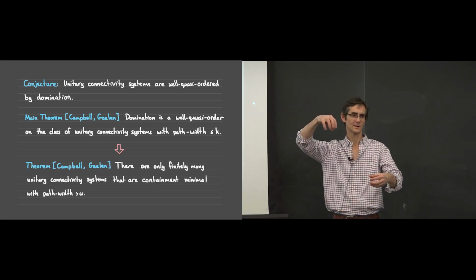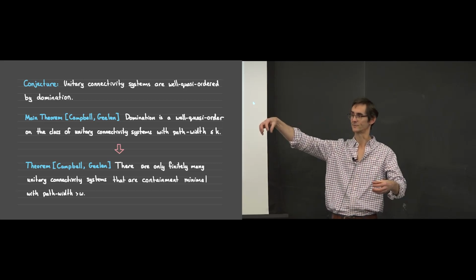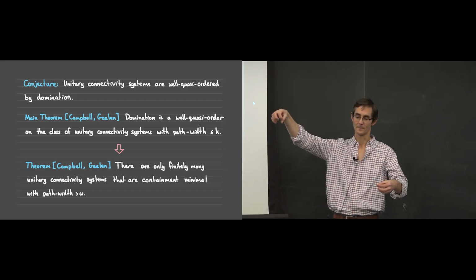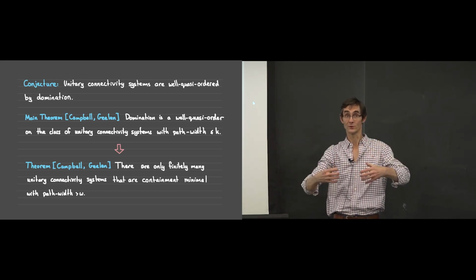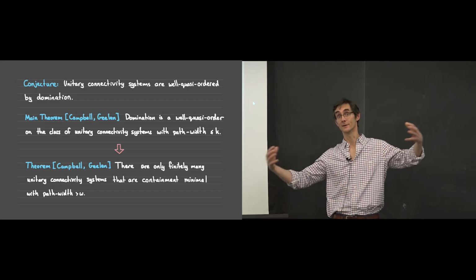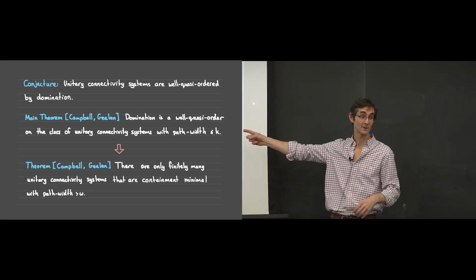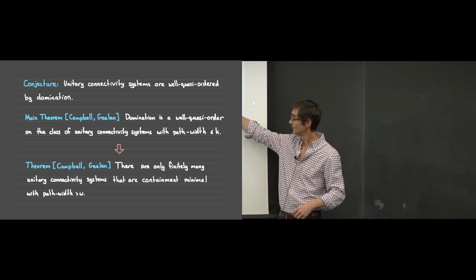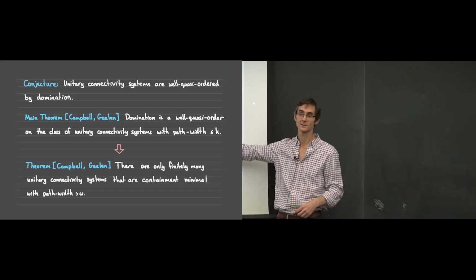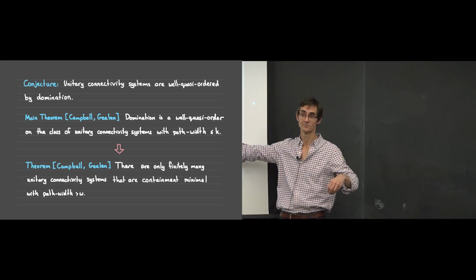So every minor closed class is actually described by a finite list of excluded topological minors, whereas arbitrary topological minor closed classes can have infinitely many. This is the same kind of thing. Within domination closed classes, you get finitely many obstructions under restriction.